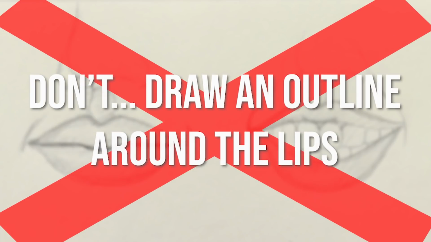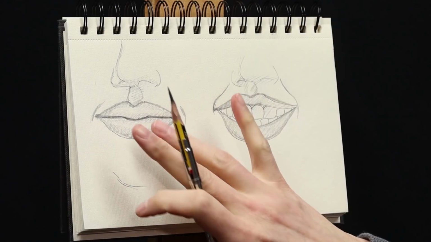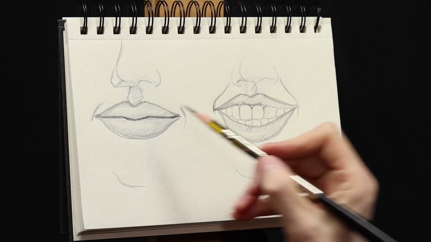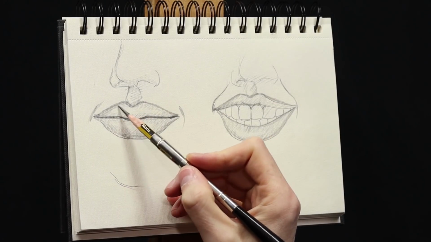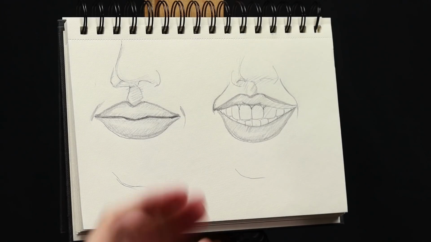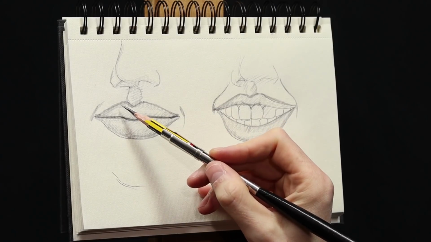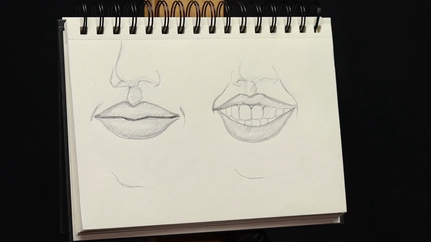Alright, so the first principle is don't delineate the lips. These are bad examples, you should not follow them. Lips don't necessarily have an outline. Well, there is actually a chromatic outline because the lips are slightly more red than the rest of the skin. But this is mostly a chromatic thing, so it only concerns color.